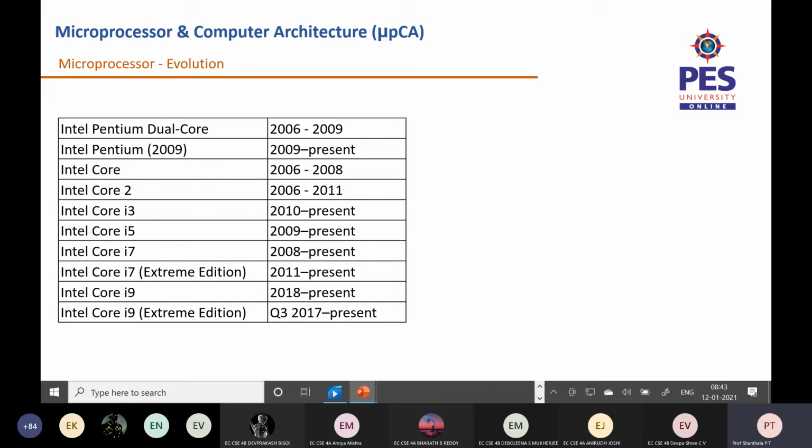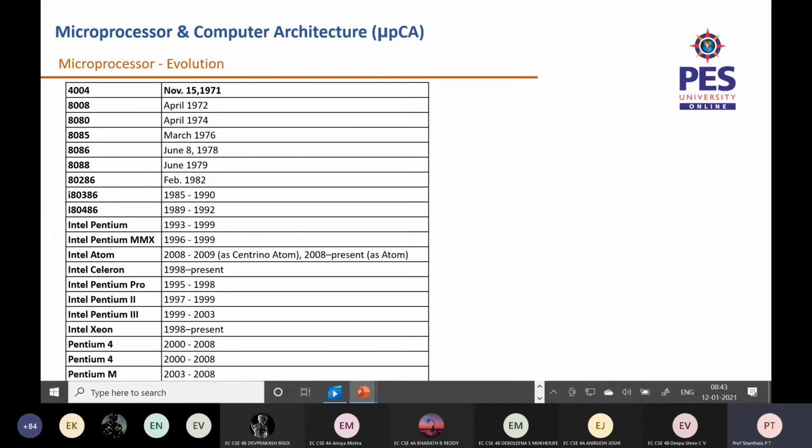So we are going to study the ARM microprocessor, and the particular programs you are going to execute in the lab. So we'll study the microprocessor with the basic things, and also how to write programs, what the instruction set is, etc., with the ARM microprocessor. These two slides give the different microprocessors and the evolution of the microprocessor.